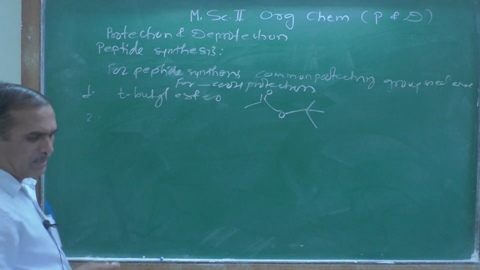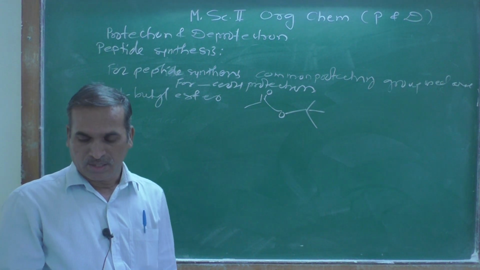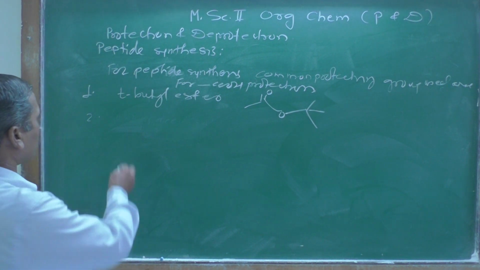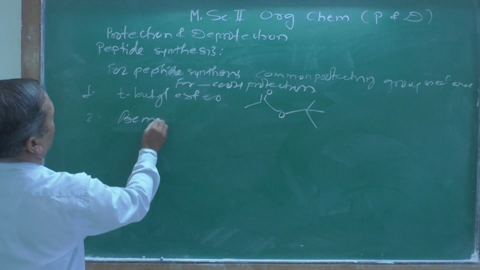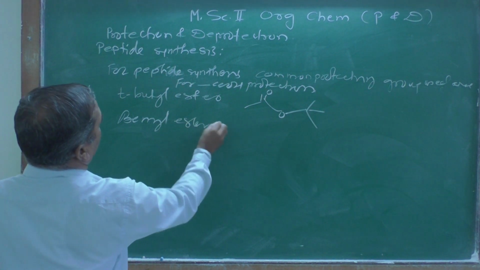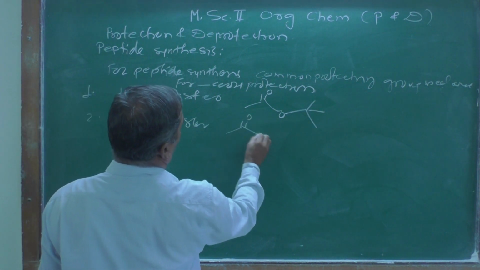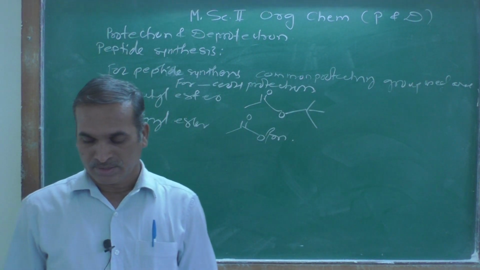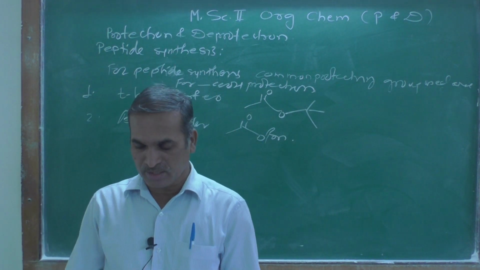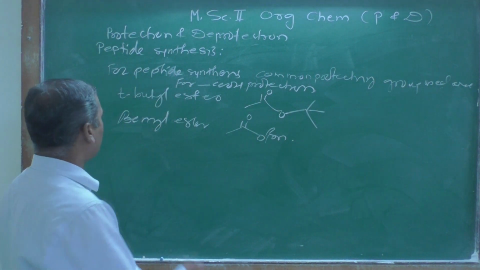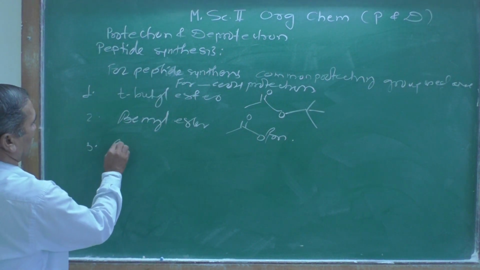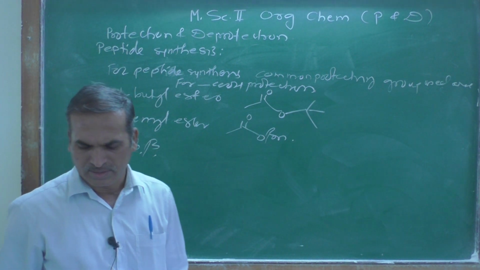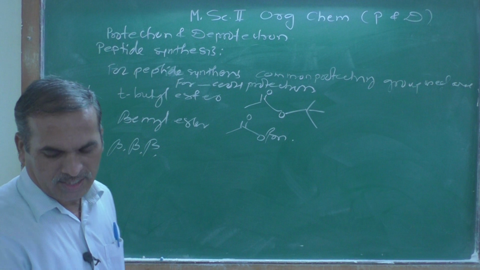Then the second, frequently used, is the benzyl ester, C double bond O, Bn. So the benzyl ester can be used to protect the carboxylic group. Then the third one may be the trichloroethyl ester.